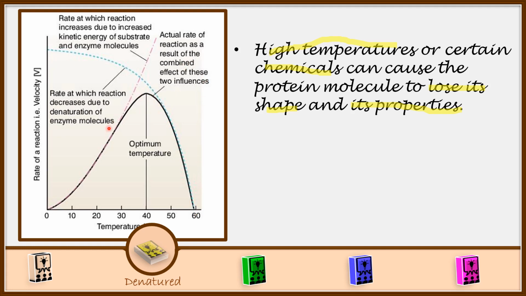So this curve that we are seeing is the actual rate of reaction as a result of the combined effect of two influences. There is the influence of increase in the rate of reaction, and then there is the influence of decrease in the rate of reaction. So when you combine the two, this is the curve that you are going to get.